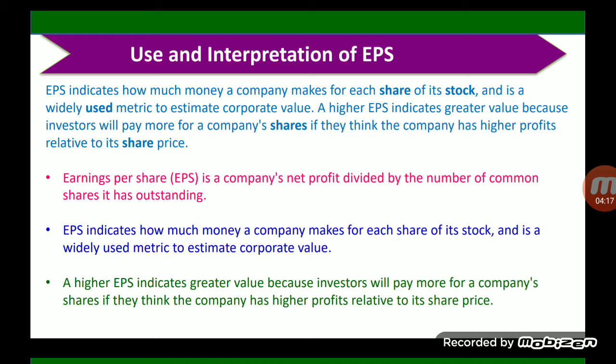We generally estimate the corporate value or company's value on the basis of EPS. A higher EPS indicates a greater value because investors will pay more for a company's shares if they think the company has higher profit relative to its share price.